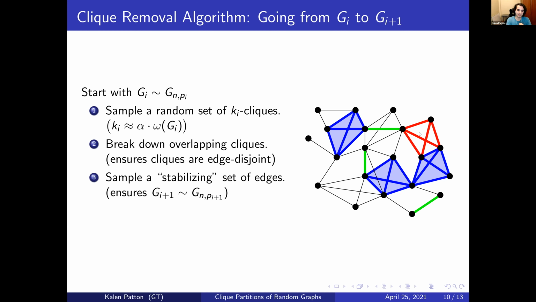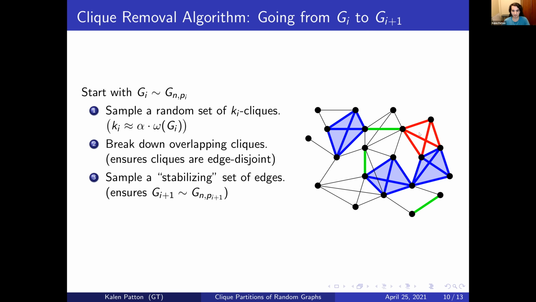The last thing we do is sample a set of stabilizing edges. This is what helps us ensure our inductive hypothesis that each graph resembles an Erdős-Rényi graph. The idea behind this step is that we want to guarantee that each edge has the same probability of persisting from one step of the algorithm to the next.